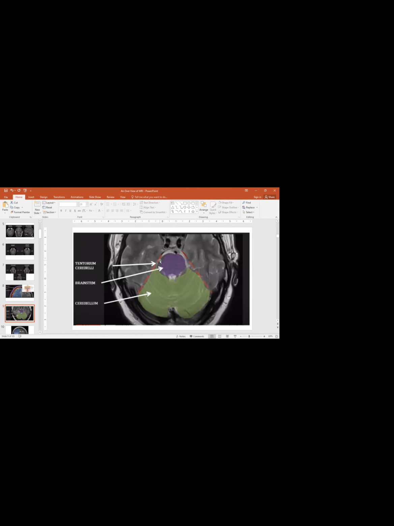These red lines show another membrane known as the tentorium cerebelli on the right and left sides. This is the brain stem, and posterior to the brain stem, this greenish structure which we have painted green is the cerebellum, which is in the posterior cranial fossa of the brain.